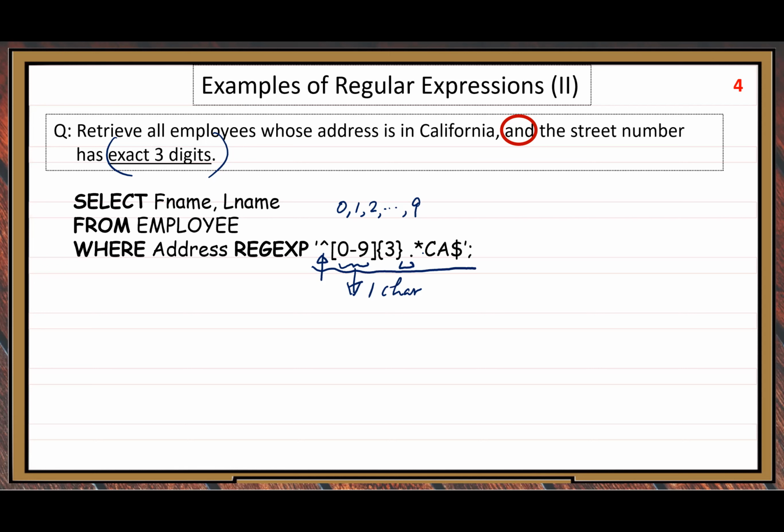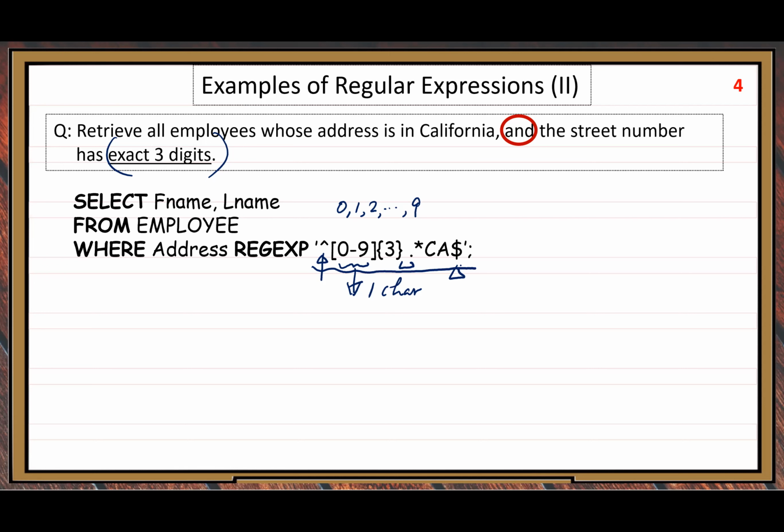After that, you have capital CA, the state part. But for that state, you want to match the end of the string. So the $ sign means the end of the string. At the end of the address is the state CA information. After CA, nothing.